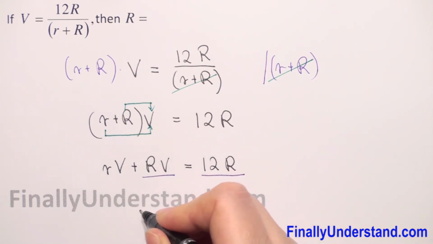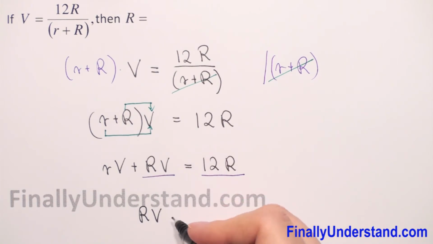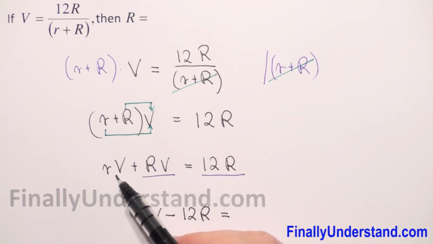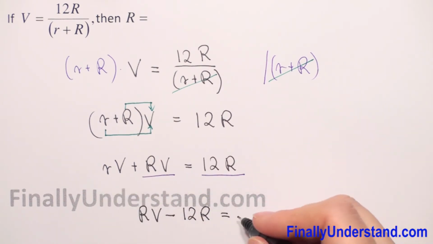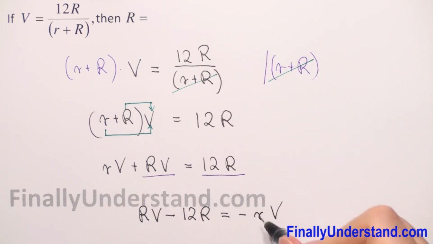So we have rV, we copy, we move 12R to the left side, so was positive, so now will be negative 12R. This is equal, and RV I move to the right side, so now will be negative RV. Positive we change to negative when we move to the other side.